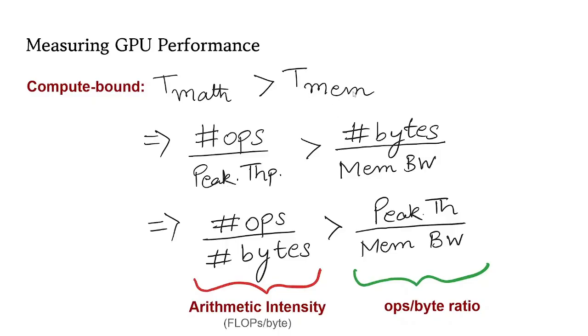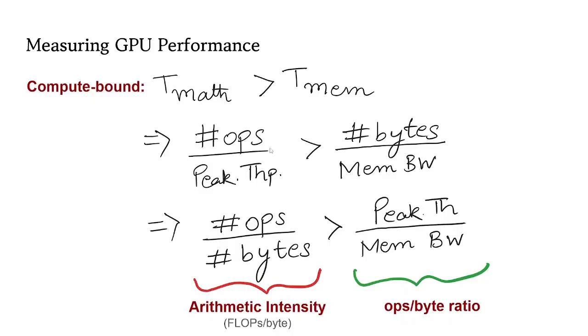Tmem is how many bytes I will have to transfer from the main memory to the GPU cores divided by the bandwidth. And when thinking about this, we are not thinking about memory caches. It's just the main memory on one side and then the registers on the other side.